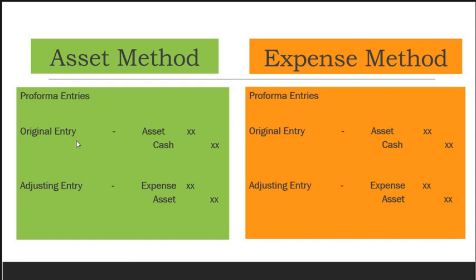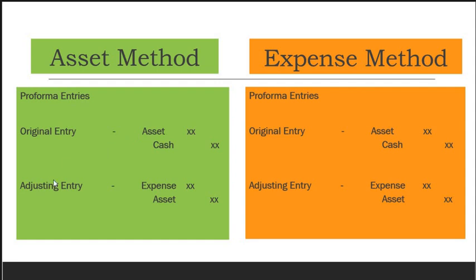So, example, nagbayad ka ng advance for rent. Under asset method, your entry would be debit prepaid rent and credit cash. So, kaya siya tinawag na asset method kasi you will be debiting an asset account, in that particular example, prepaid rent. Yung cash naman, kasi prepayment siya, nagbayad ka. So, yung cash, constant na yan. Yung debit na lang ang i-identify kung anong klaseng asset ba yung binayaran mo.